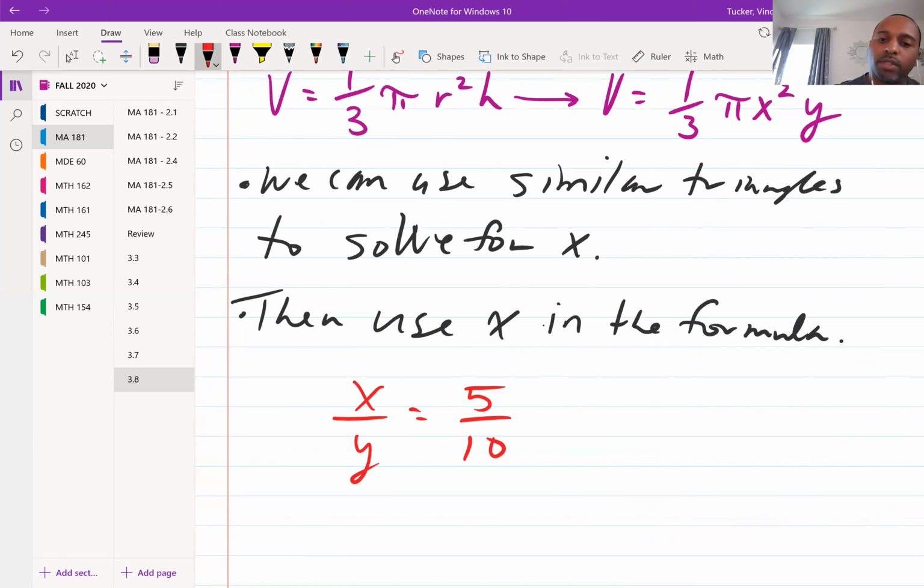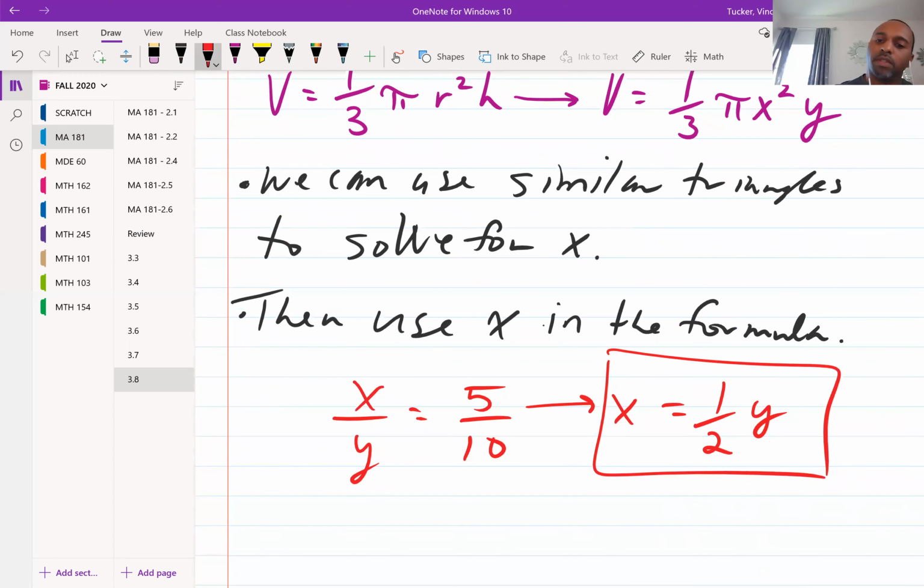And if we solve for x, that'll be x equal to 5/10, which goes to 1/2, and then we multiply both sides by y. That's what x would be.